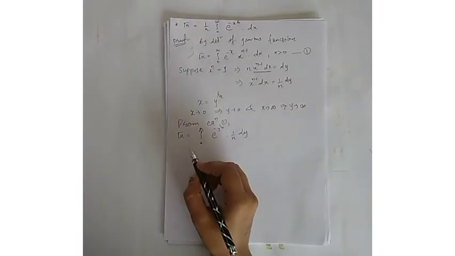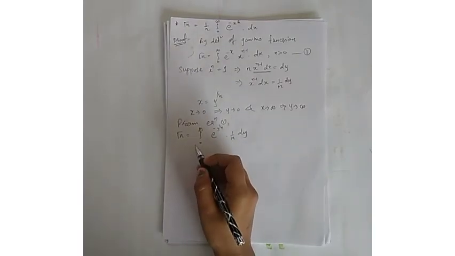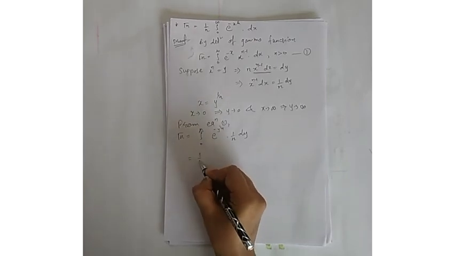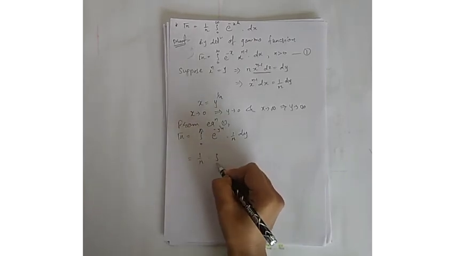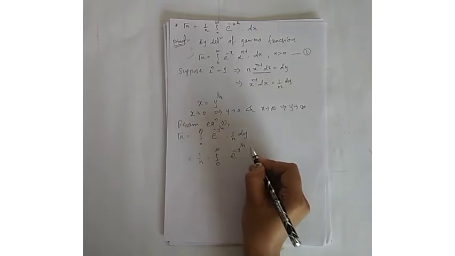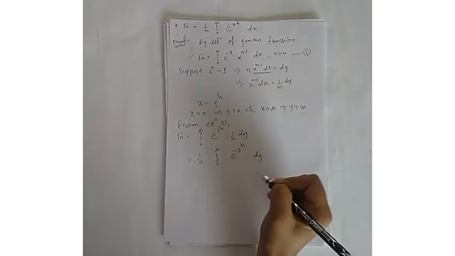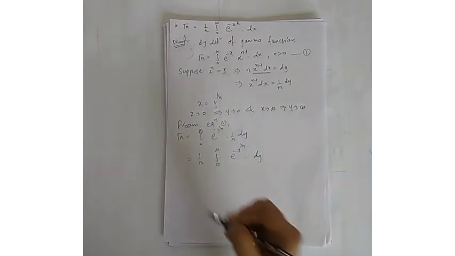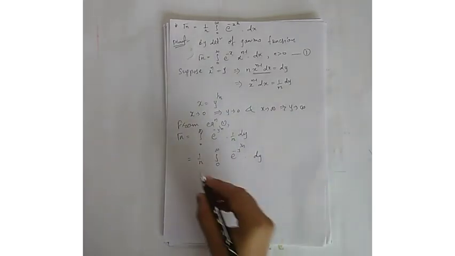Taking 1 upon n outside the integration, we will get 1 upon n into integration with limit 0 to infinity e raised to minus y to the power 1 upon n into dy. Here also I am changing the parameter y to x.